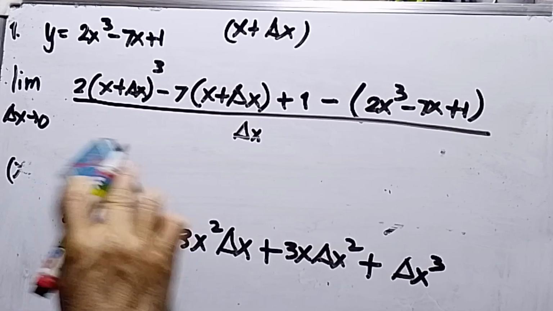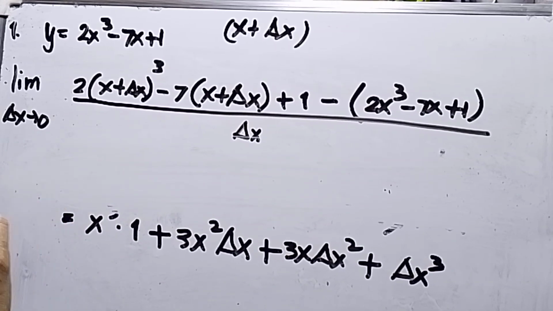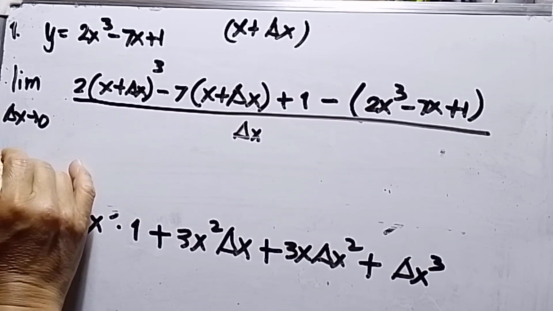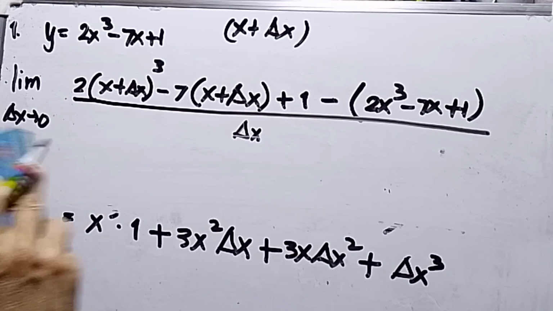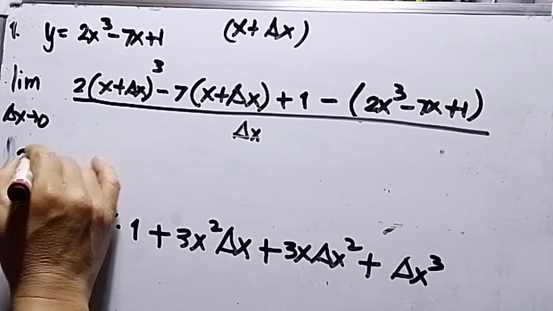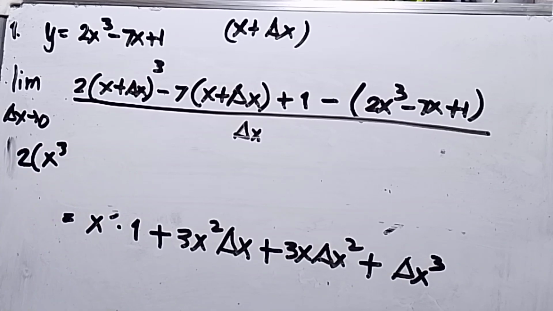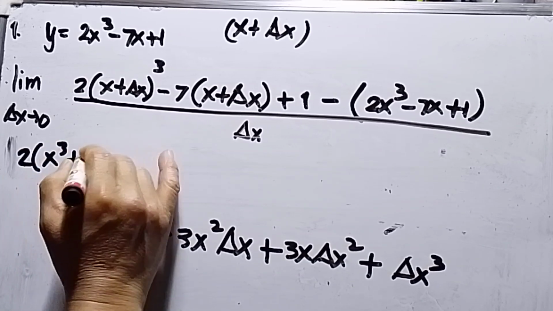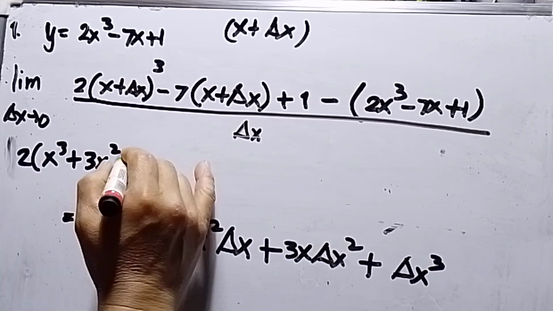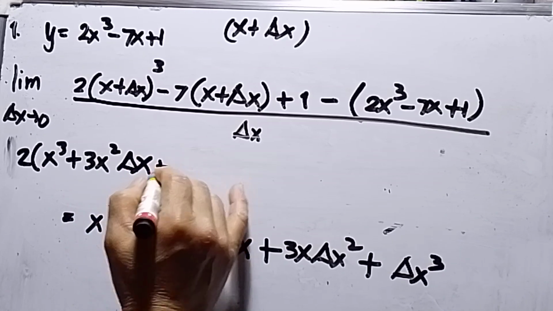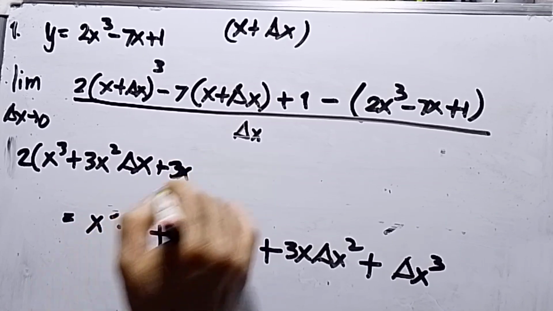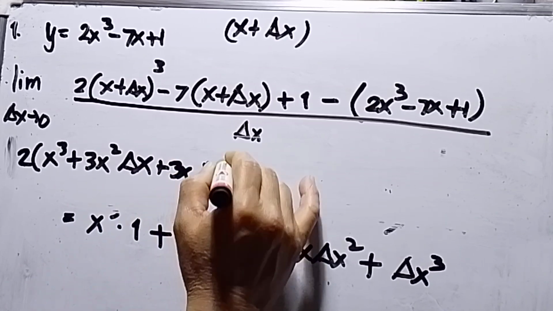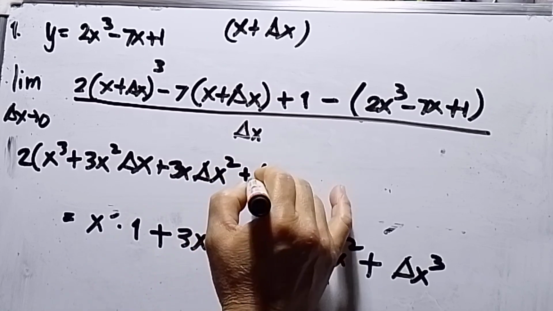So this will be 2x cubed. Then plus 3x squared delta x plus 3x delta x squared. Then plus delta x cubed.